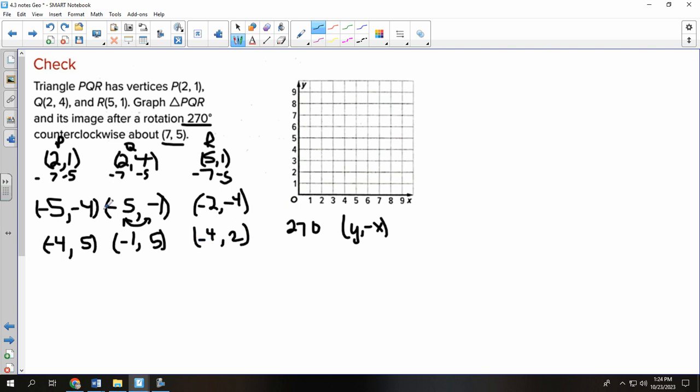And then once we apply the rotation, now we're going to move it back to our rotation spot. So before we minus 7 and minus 5, we're going to add 7 and add 5. So our first coordinate was P. It started at over 2 up 1.